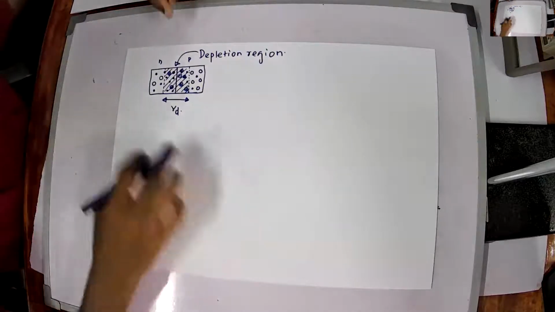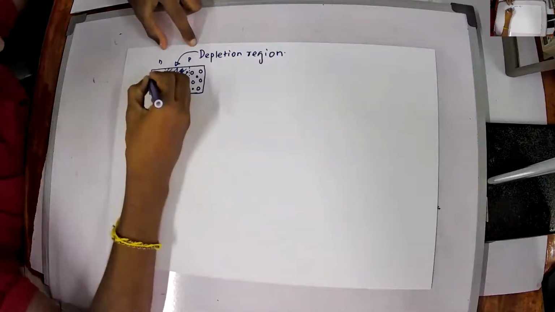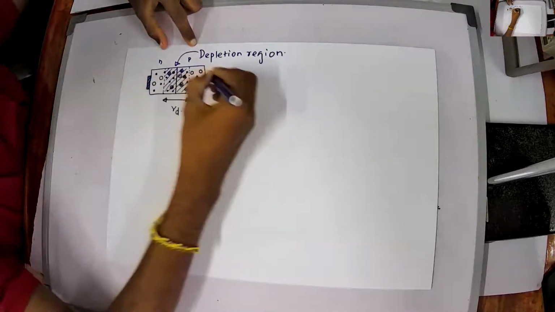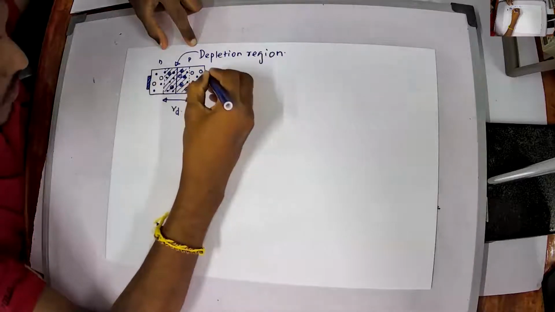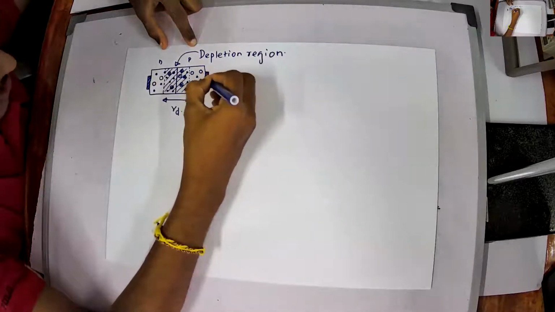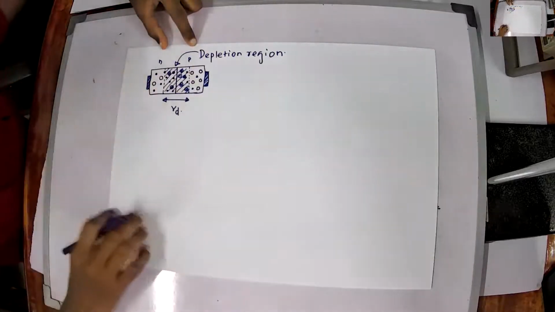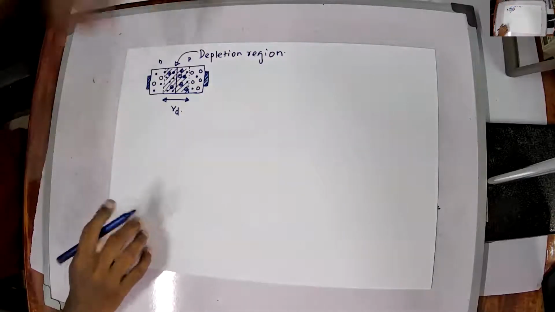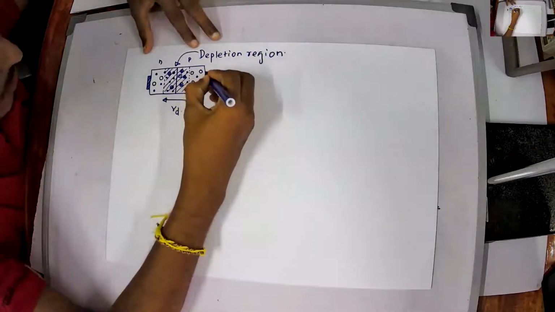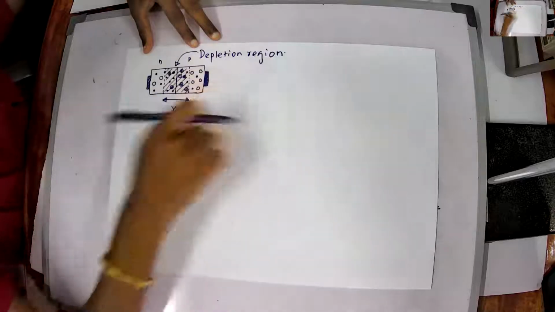Okay, so this is a p-n junction at ground state or at zero bias state.